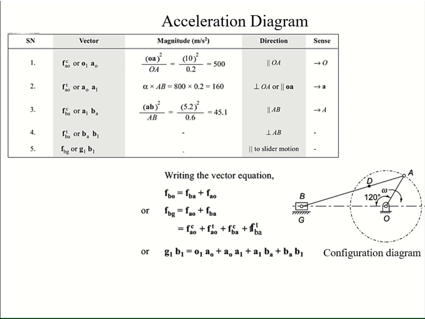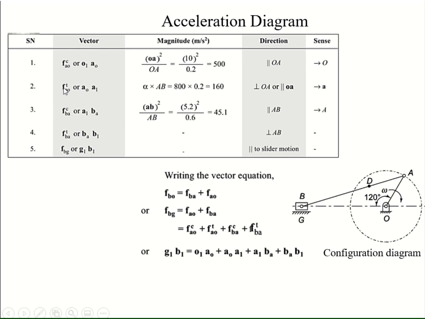Also, centripetal acceleration always acts towards the center, so its direction is parallel to OA. This is the direction written over here, pointing towards O. So this is the sense of the vector FAO.